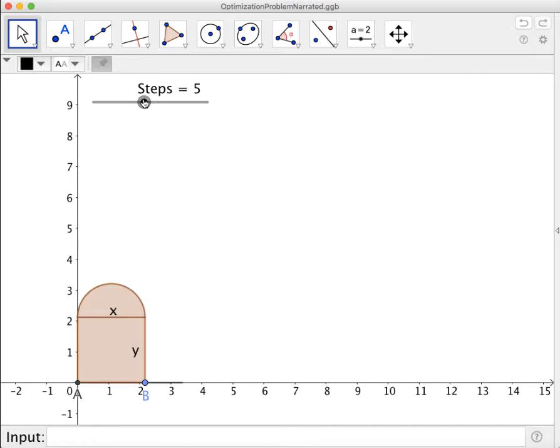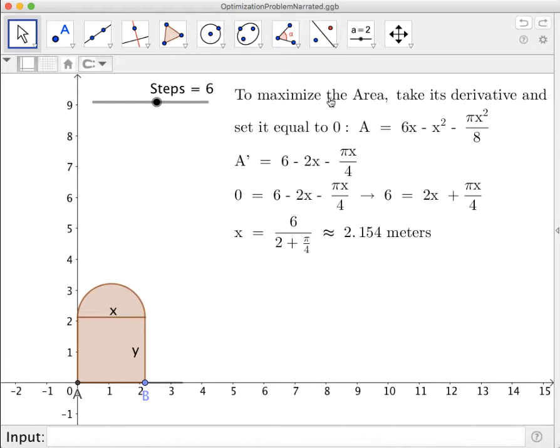So the next thing we do is to maximize the area, we take its derivative and set it equal to 0. So again, our area is 6x minus x squared minus pi x squared over 8. Our derivative is 6 minus 2x minus 2 pi x over 8, which simplifies to pi x over 4. We set this equal to 0 and solve, so we set 6 equal to 2x plus pi x over 4.